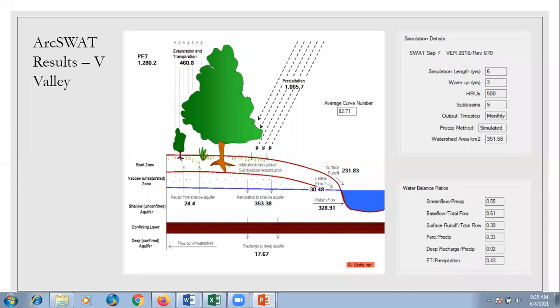When we run ArcSWAT, this is the final output in the form of a picture we would get, and also in the form of a table.